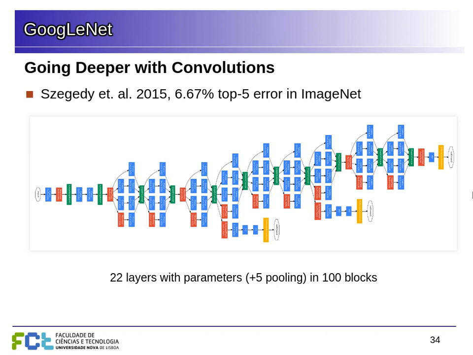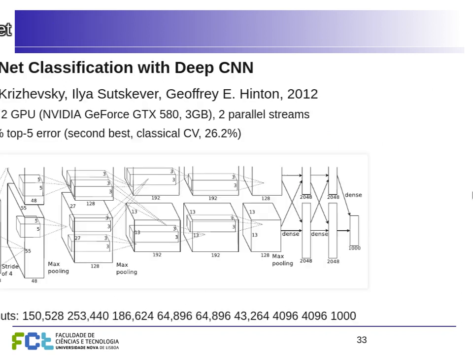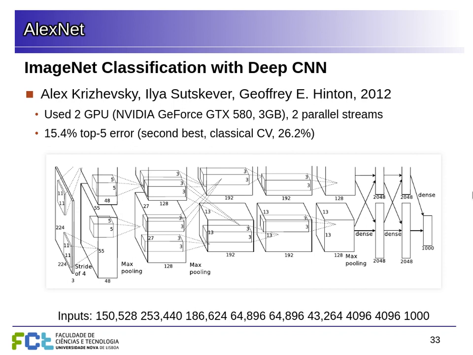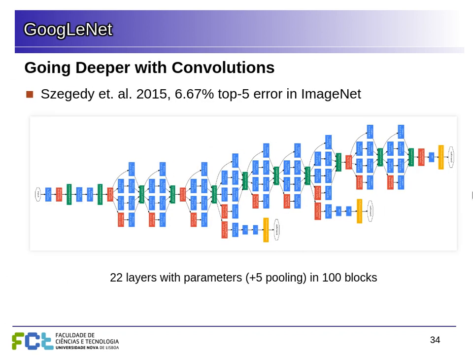Each block is something like this, with lots of filters and thousands of values. So you can get really very large networks. This one has only a 6.67 top 5 error. This is the percentage of times it can put a correct class in the top 5 classes it assigns to an image.